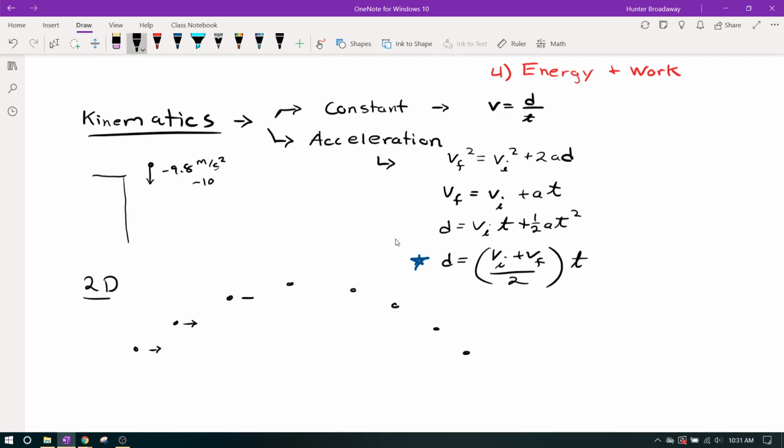Once it leaves your hand, that force stops immediately, so you continue to go at a constant speed this way. So in the x direction, you're just using velocity is equal to distance over time. However, in the y direction, you have to use the kinematic equations because there is acceleration involved there.